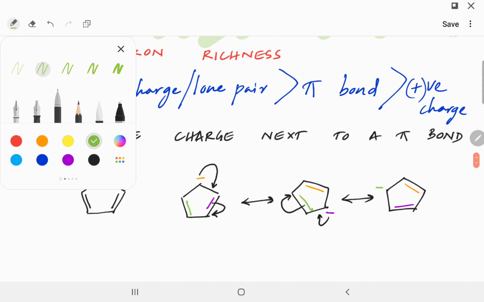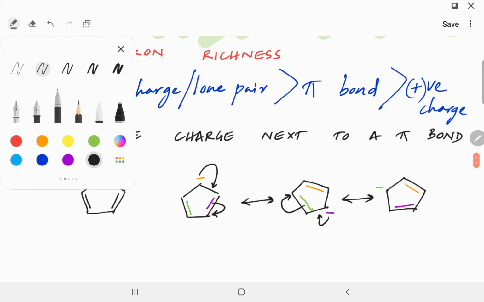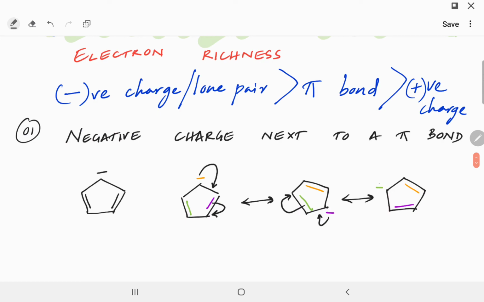Let's try, with a different color, to bring this negative charge onto these two carbons as a pi bond. If that is the case, this carbon is getting overloaded, so you want to move that pi bond onto this carbon right here. This carbon gets a bond, so this carbon should get the two electrons of the pi bond.